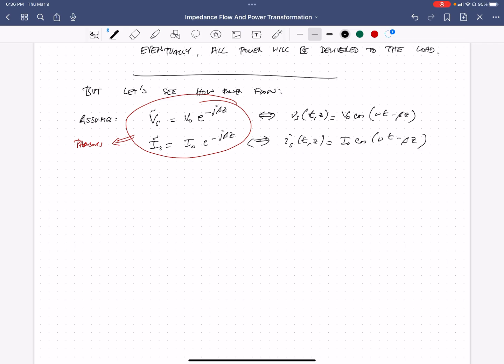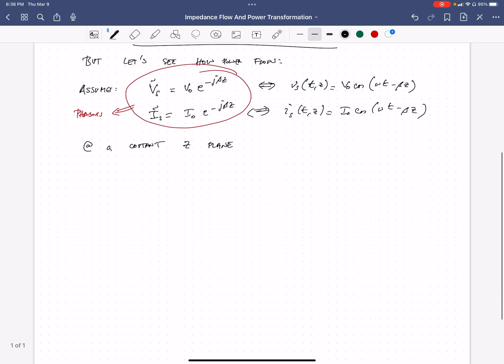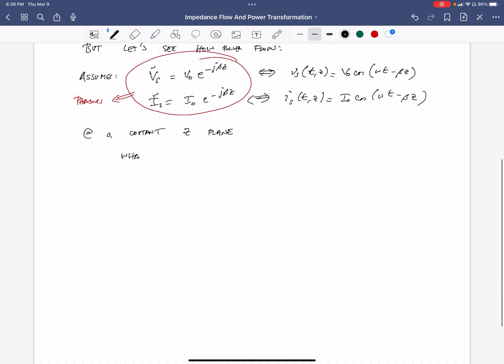At a constant z plane, so at a particular point in the transmission line, the question is what is the average power flowing through there?